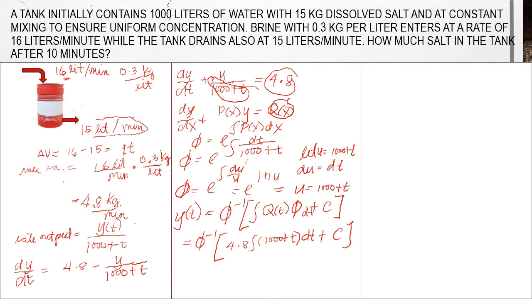Now to make it simpler, because they are all the same, this phi has the value of 1000 plus t, so we let v equal 1000 plus t, and dv will just be equal to dt.